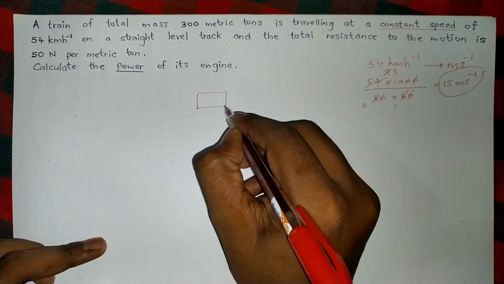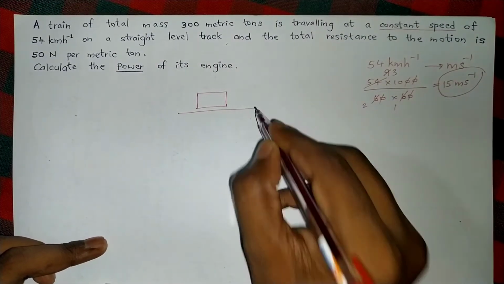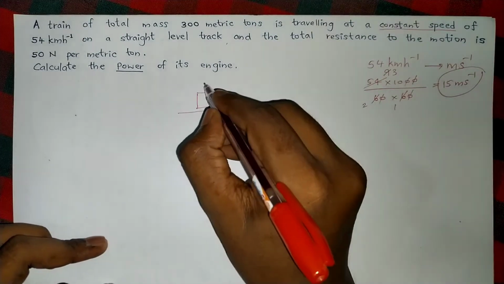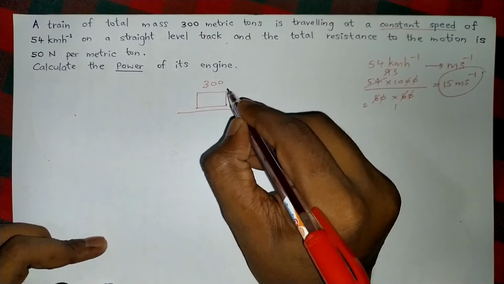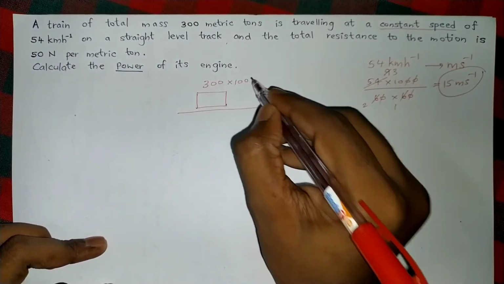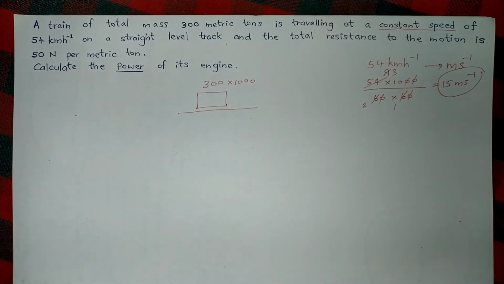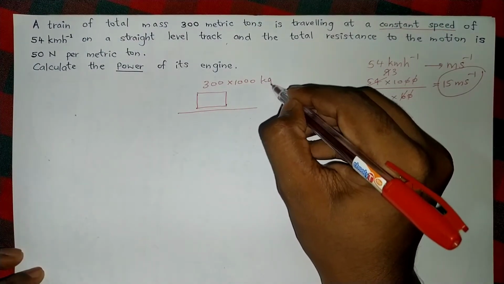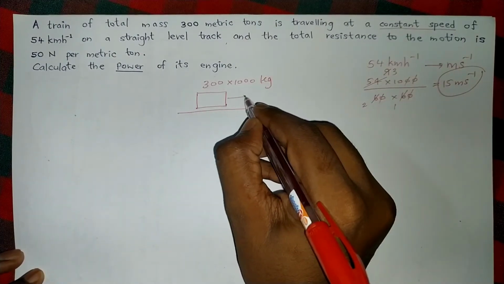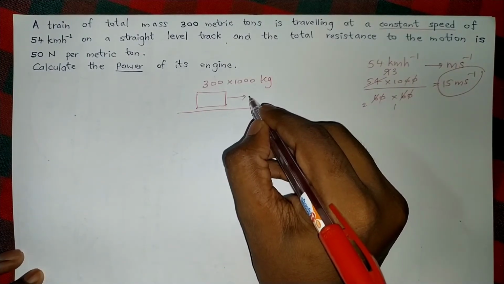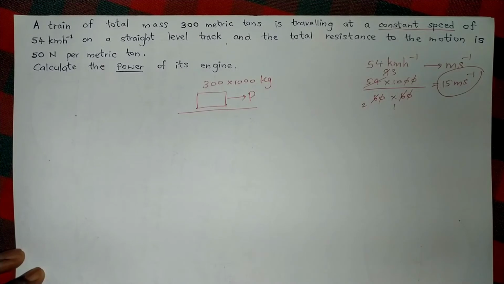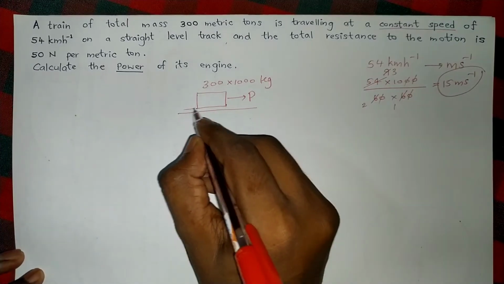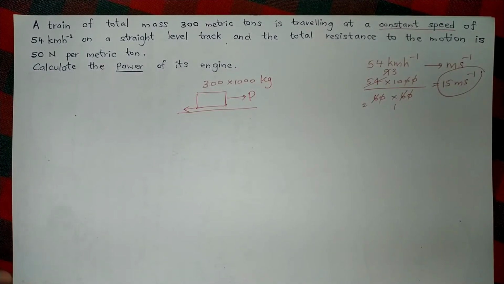If I sketch the train engine, the mass is 300 metric ton. A ton is 1000 kilograms. It is 300 into 1000 in kilograms. The traction force given by the engine is P. Then the resistance is given as 50 Newton per metric ton.